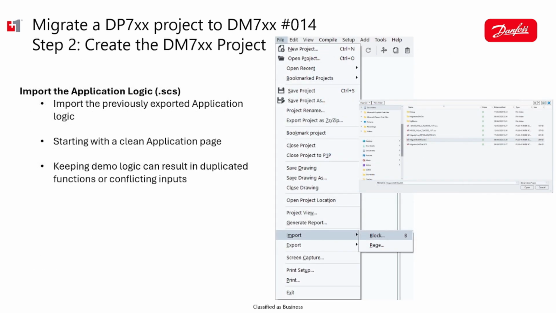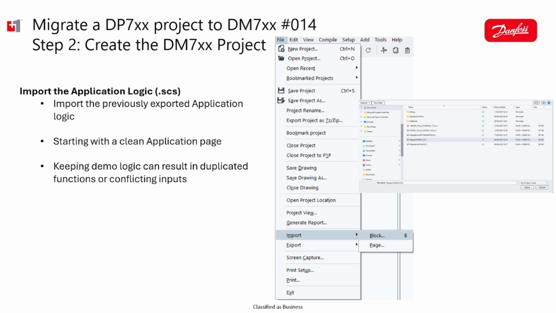Finally, the previously exported application logic should be imported to the new DM7 project. It is very straightforward. You need to go to File on the top left and scroll down till you find the Import option where you can see the block option. By clicking on it, it will direct you to the .scs file you exported earlier in Step 1 on the current project.